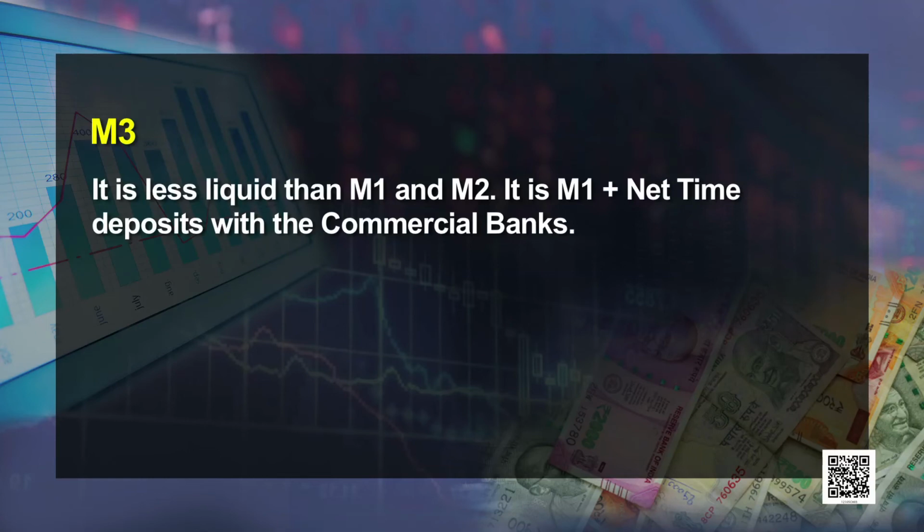Let's talk about M3. M3 is less liquid than M2 and M1. M3 is M1 plus net time deposits with the commercial banks. Now, what does time deposits mean? As already discussed, time deposits means fixed deposits with the banks.